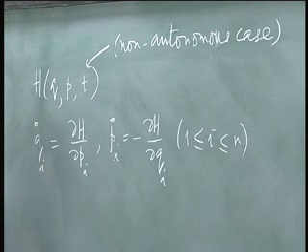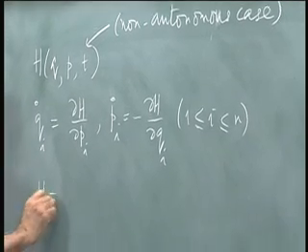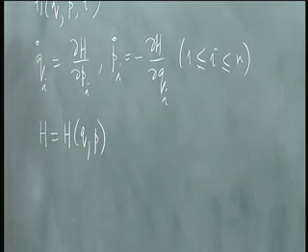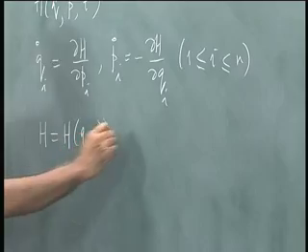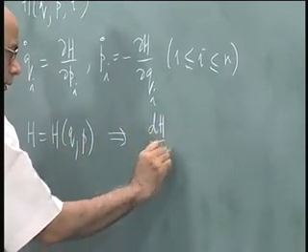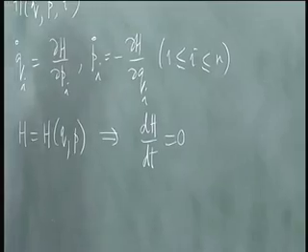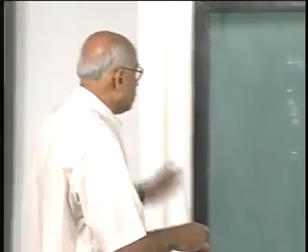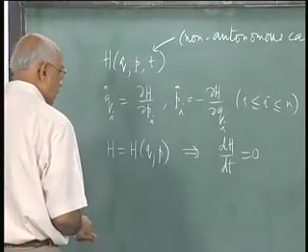We also saw, just to recapitulate, that in the case when H was a function of q and p alone, the autonomous case, this implied that dH/dt is equal to 0. In other words, the Hamiltonian was a constant of the motion on the solution set of Hamilton's equations.